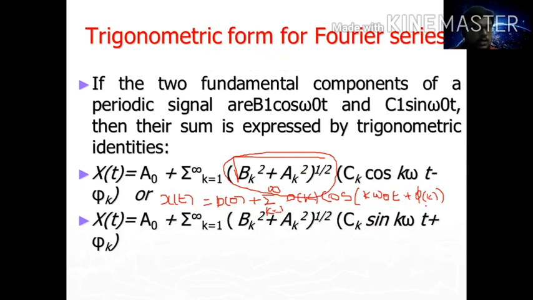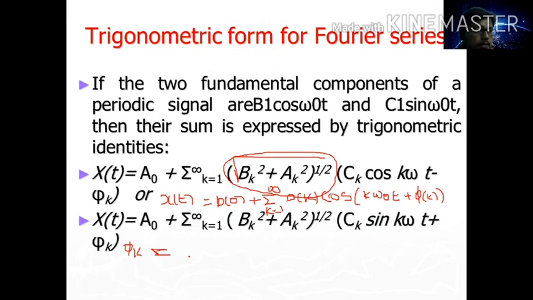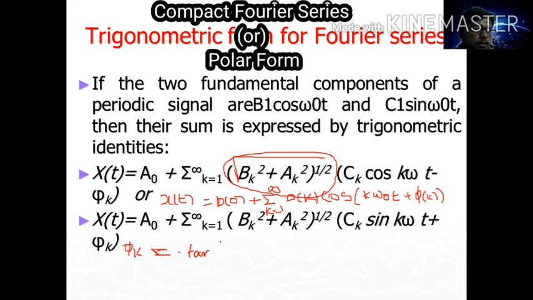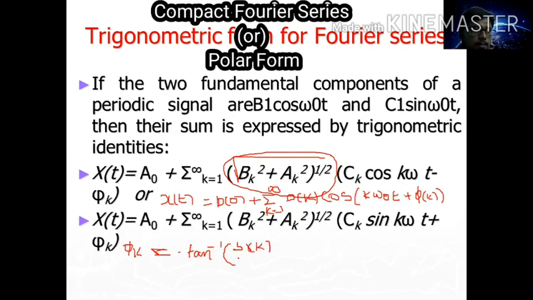It means the phase angle. So phi of k is equal to minus tan inverse of, open the bracket, b of k divided by a of k, because here we have two coefficients, b of k and a of k.